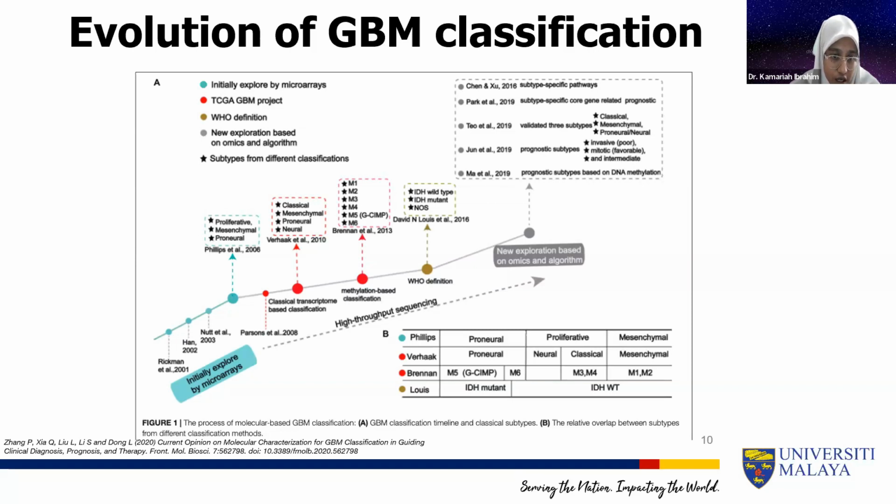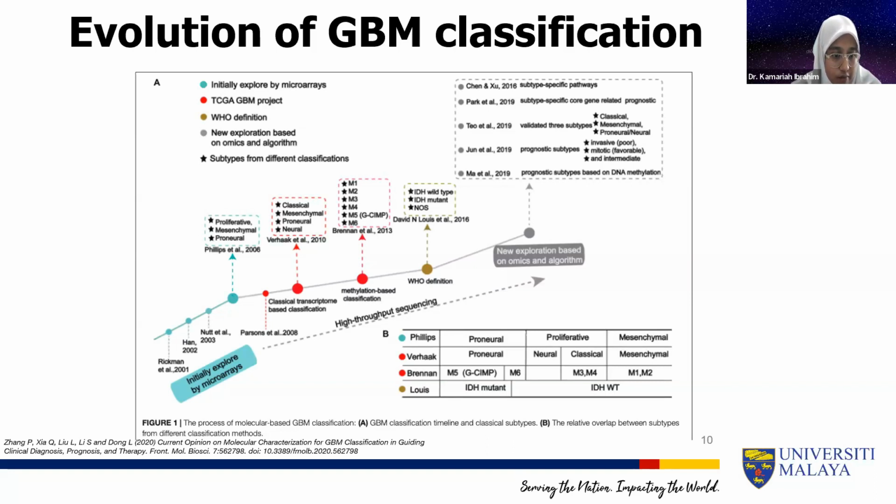It is because of the poor prognosis of patients. So each and every year, researchers do very in-depth work to look at how to tackle the problem within these patients.